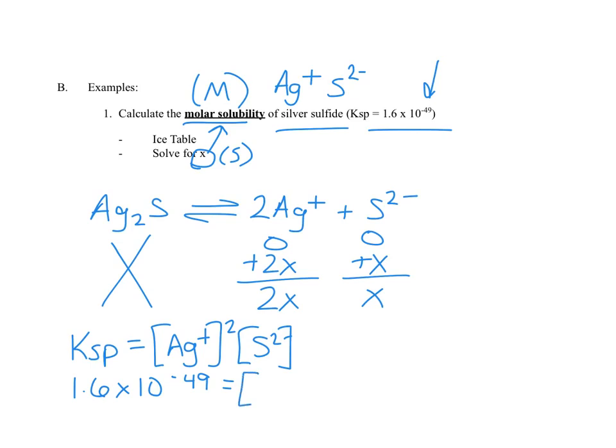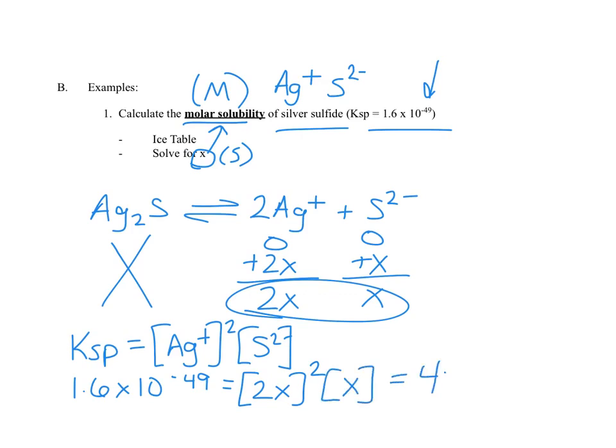Then I'm going to go ahead and substitute in everything from my equilibrium row here, just like we did before. That's going to be 2x squared times x, which is equal to 4x cubed. So from there, we just need to go ahead and solve for x. With 4x cubed equal to your KSP value, you should be able to solve for x, which will be equal to 3.42 times 10 to the negative 17.